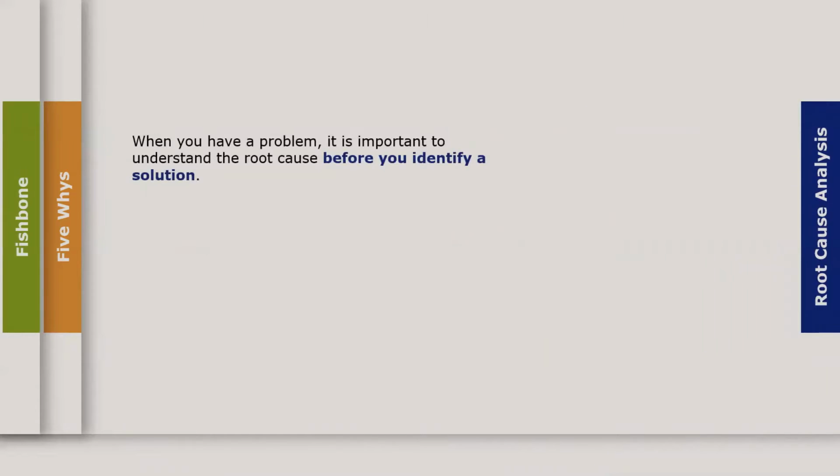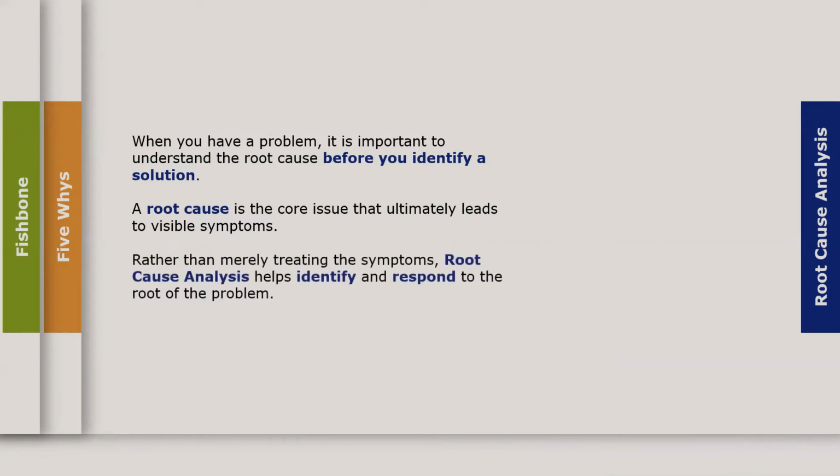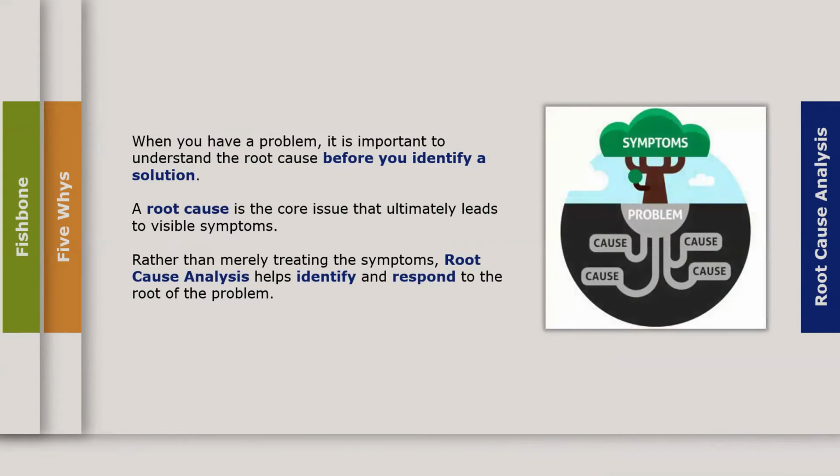When you have a problem, it is important to understand the root cause before you identify a solution. A root cause is the core issue that ultimately leads to visible symptoms. Rather than merely treating the symptoms, root cause analysis helps identify and respond to the root of the problem. For example, imagine you have a weed growing in your lawn or garden.